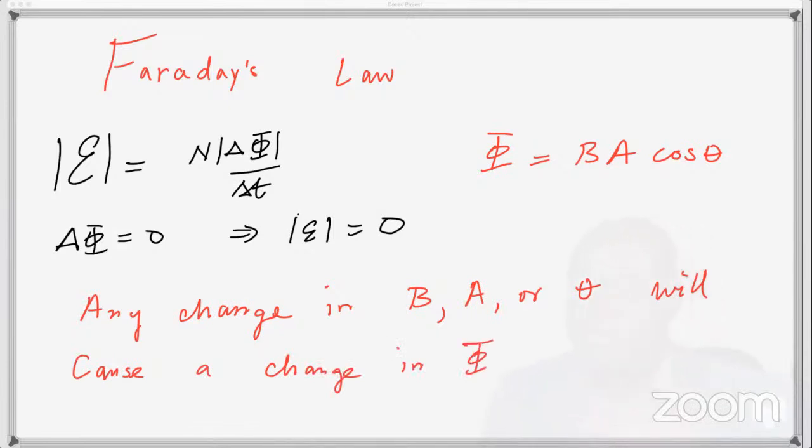In essence, to cause the flux to change or to create an induced EMF, all you need to do is change B, change A, or change the direction.